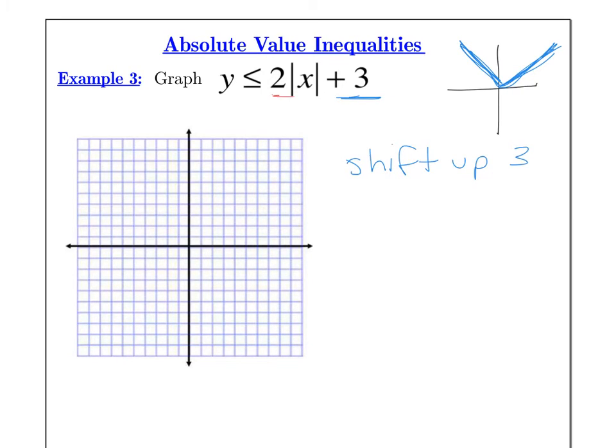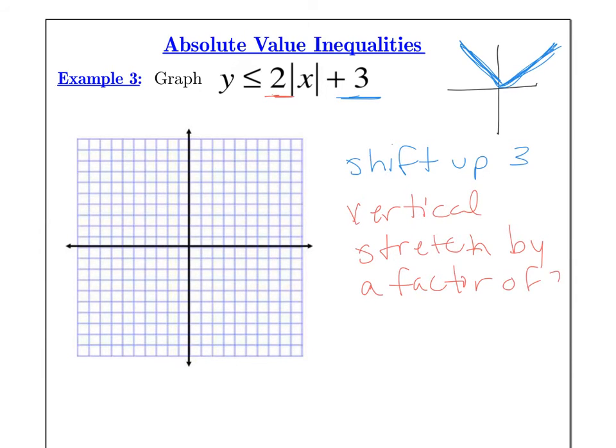And when I see the 2 on the outside, so if the 2 is being multiplied times my parent graph, that's a vertical stretch by a factor of 2.